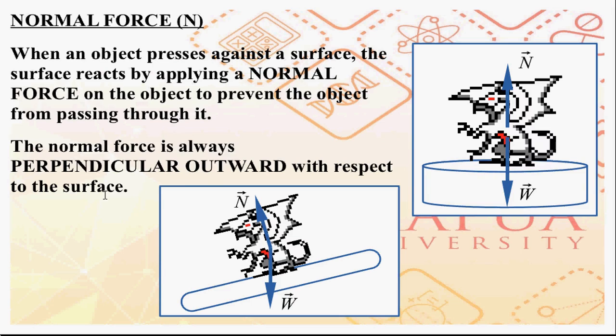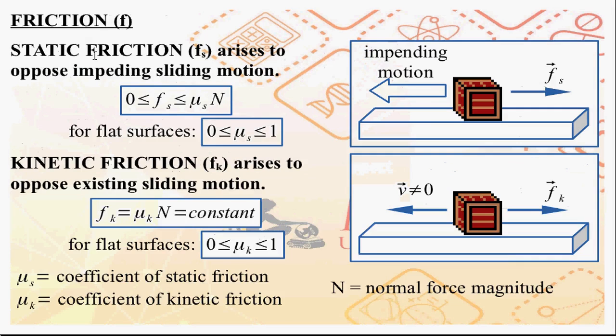Next, we have friction. There are two types of friction. You have the sliding friction, friction associated with sliding motion, and you have rolling friction, friction associated with rolling motion.